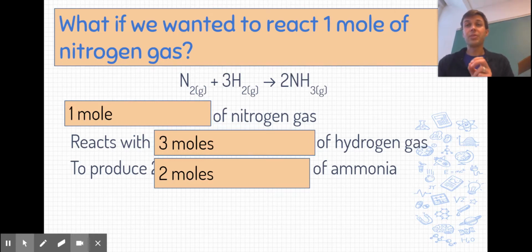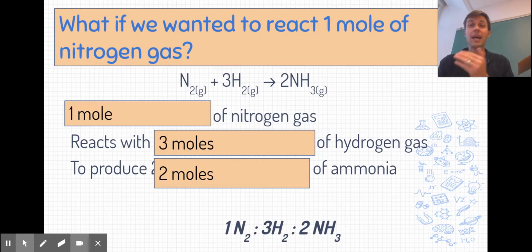So we've simplified the language here and are still talking about a huge number of particles. 1 mole of nitrogen will react with 3 moles of hydrogen to produce 2 moles of ammonia. That's the same ratio with the same numerical values as we see in the balanced chemical equation.